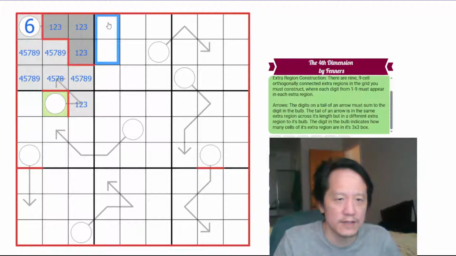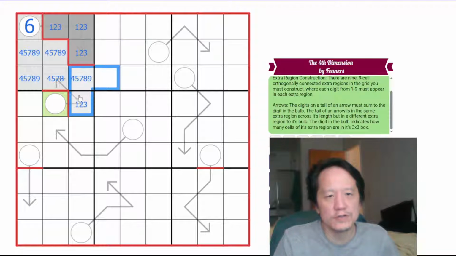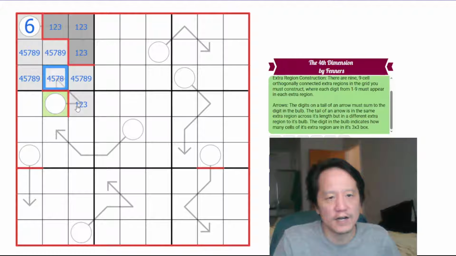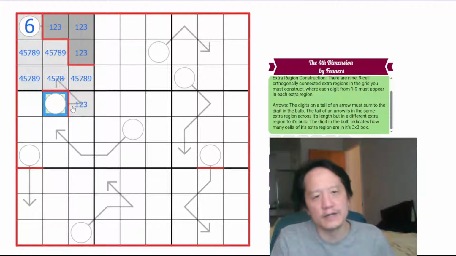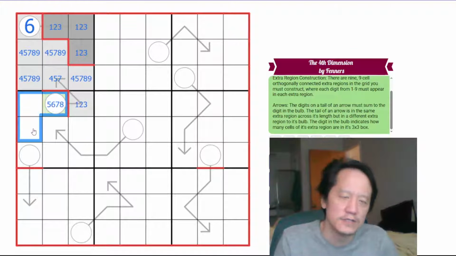One of these at least must be medium gray. This could go this way, or this way. We're not sure which. This must be at least 5. It cannot be 9, so this can't be 8 here. This could be 5 through 8, because you'll only have 5 in the region, at least.